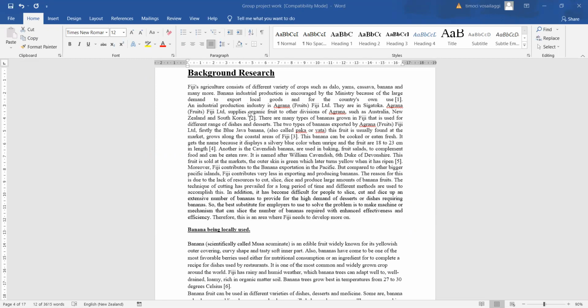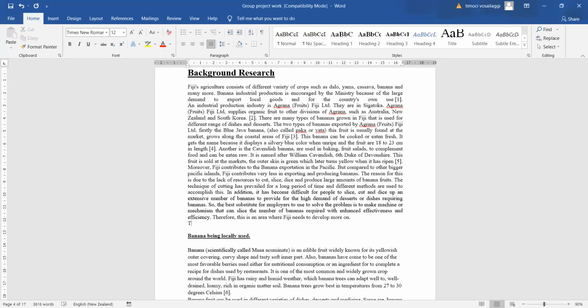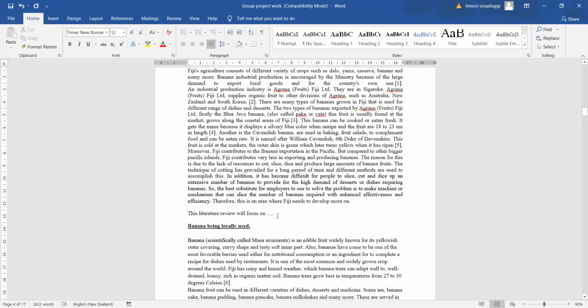You may also want to include in your background research a brief statement: this literature review will focus on, and then you can sort of summarize your subheadings.